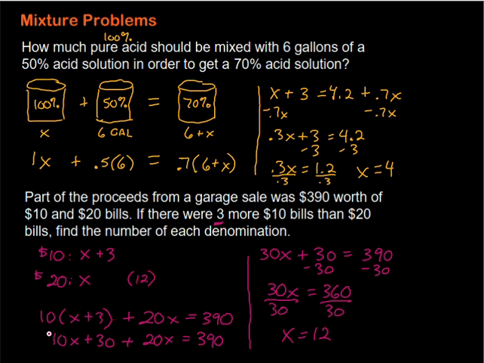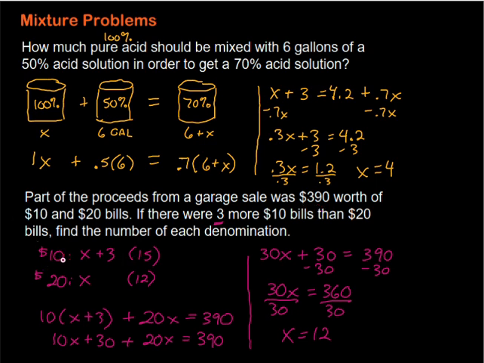How many $10 bills does that mean we have? Well, put in 12 for X right here. So 12 plus 3, that means we have 15 $10 bills. And so if we look at our situation just to double check, it says we had $390 worth of those bills.